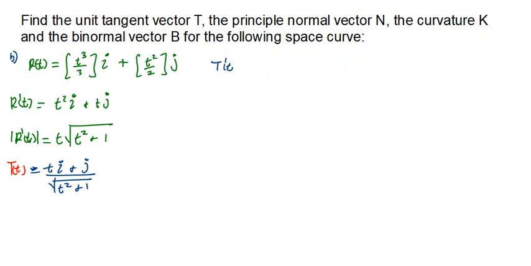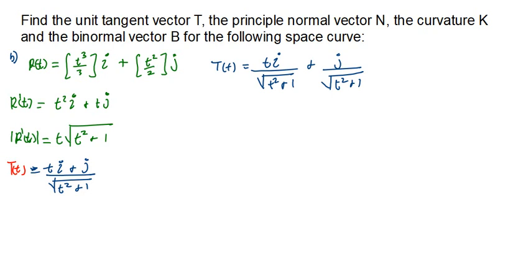When differentiating, you can rewrite it in a way that is convenient. Since t i and j have a common denominator, I'll write it as t i plus j divided by the square root of t squared plus 1.